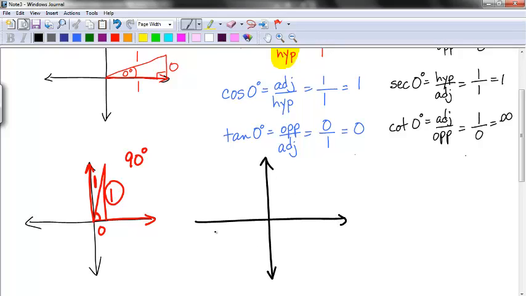So for 180 degrees, you would actually start here on the positive side of the x-axis. You would rotate over here 180 degrees. Now you can't see a triangle there. So you take that and you pull that out away from the axis.